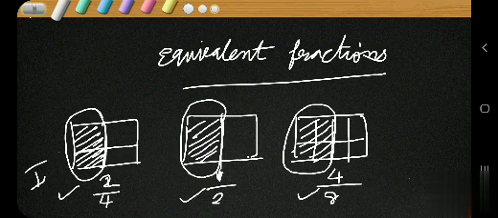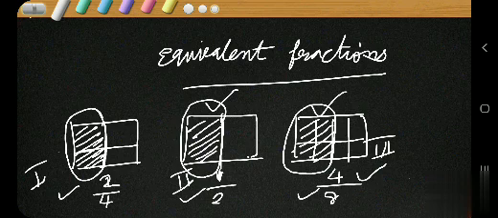Do you agree with me? In the second figure also, the fraction 1 by 2 represents exactly the half portion of the rectangle. In the third figure also, the fraction 4 by 8 represents exactly the half portion of the rectangle.